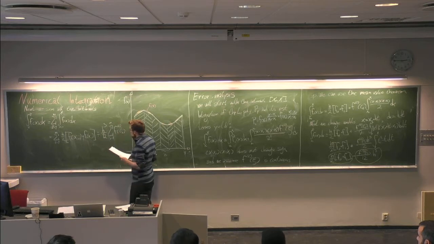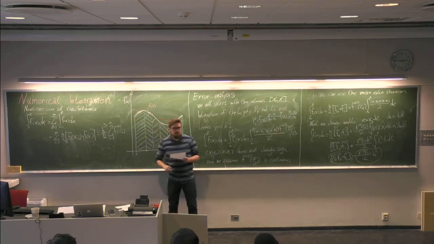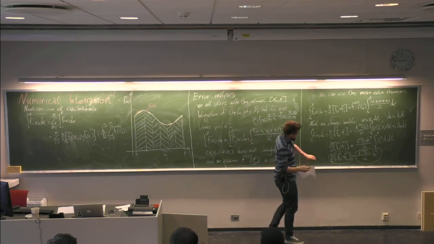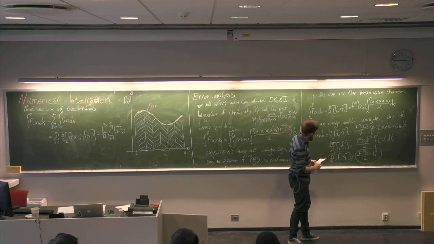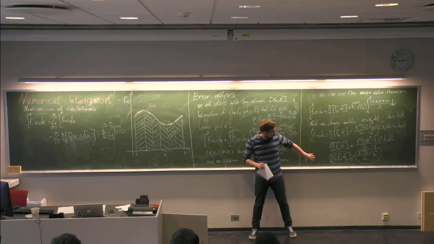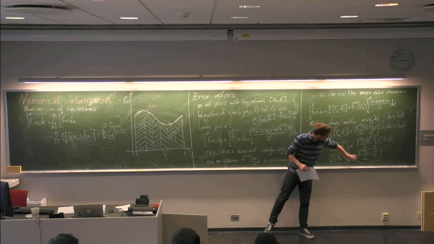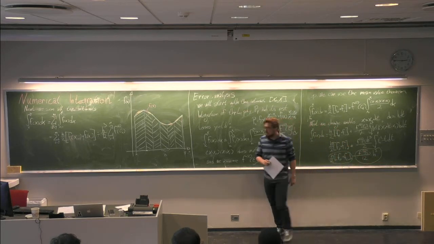So that means we've summed all of these small intervals we have over here. So this is just the sum of all of these, and then plus the sum of all of these.